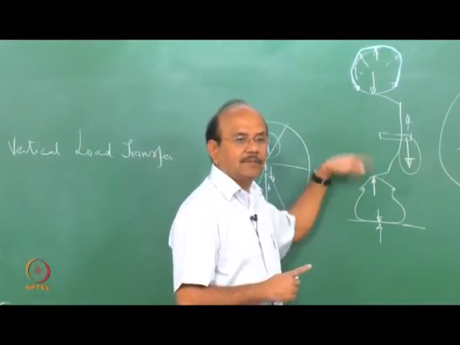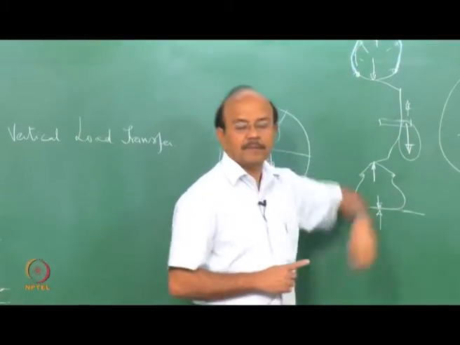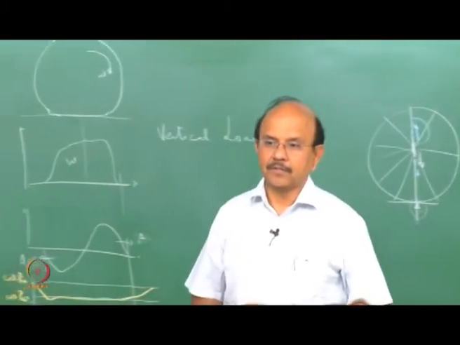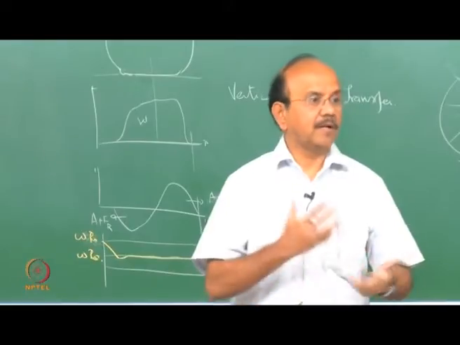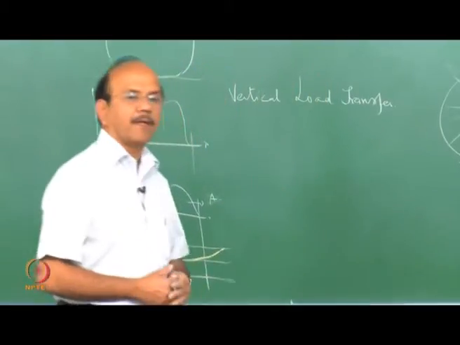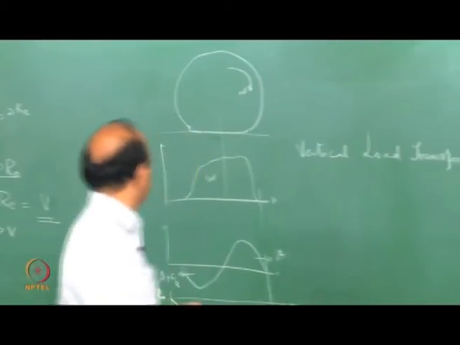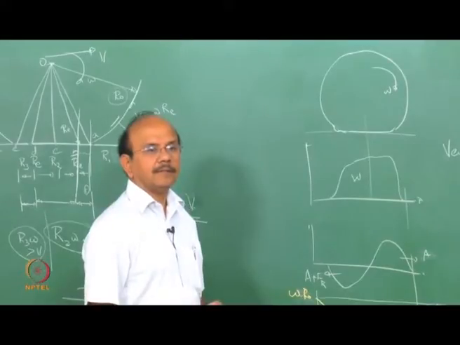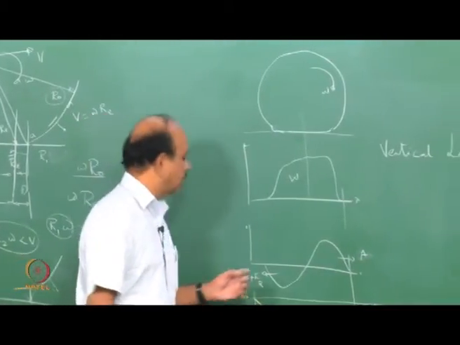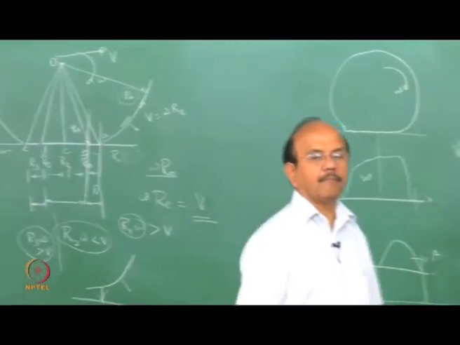As it rolls, different parts come under tension and hold the wheel. So there is a compression tension cycle which takes place, which is also responsible for hysteresis. Now let us come back to this figure and understand what we meant by slip and what happens here.